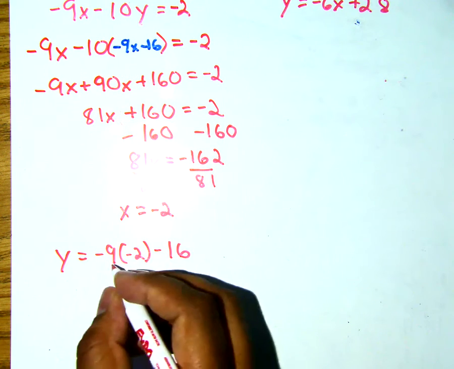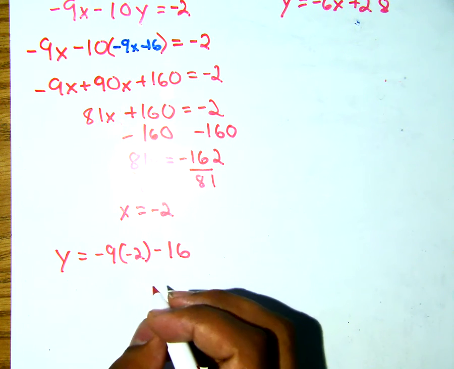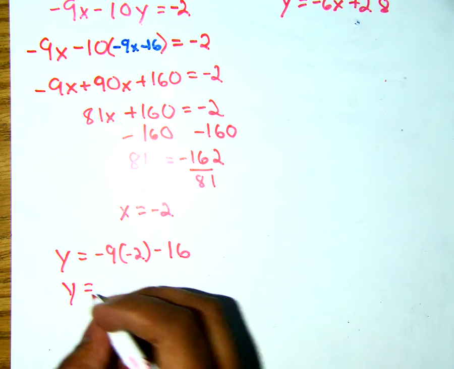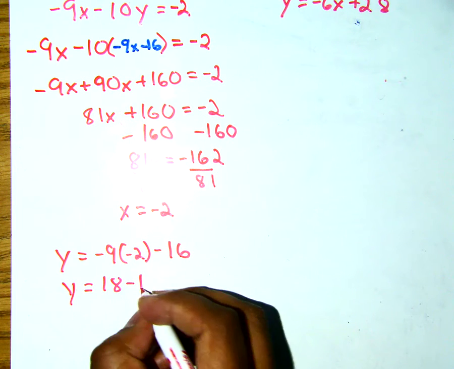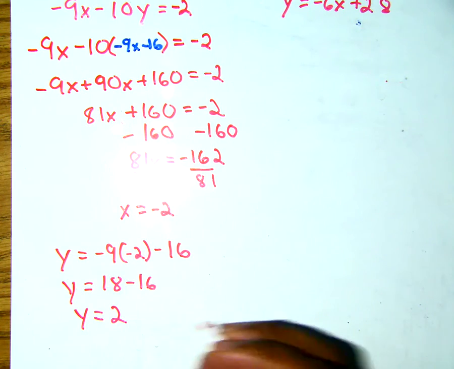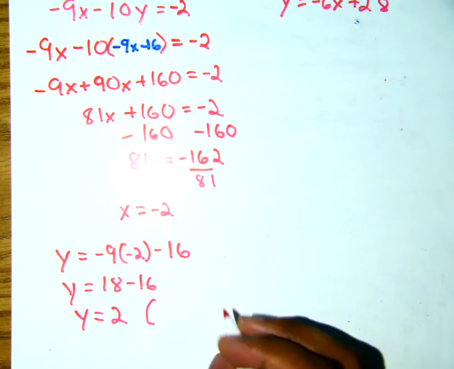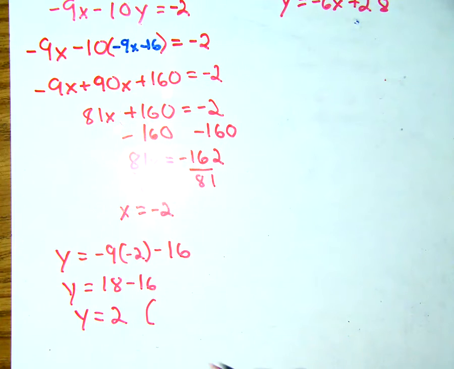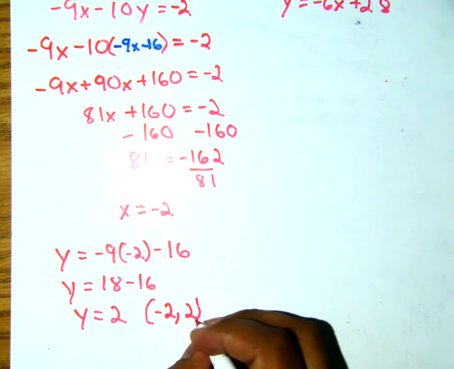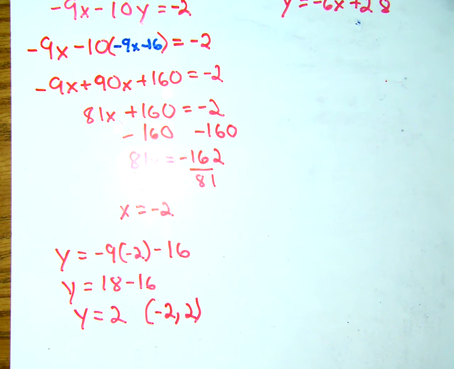Okay, so y is equal to negative 9 times negative 2, and that's going to give me y is equal to 18 minus 16, so y is equal to 2. So my coordinate where these two equations meet here is going to be negative 2, 2. Okay. Let's take a look at another example.